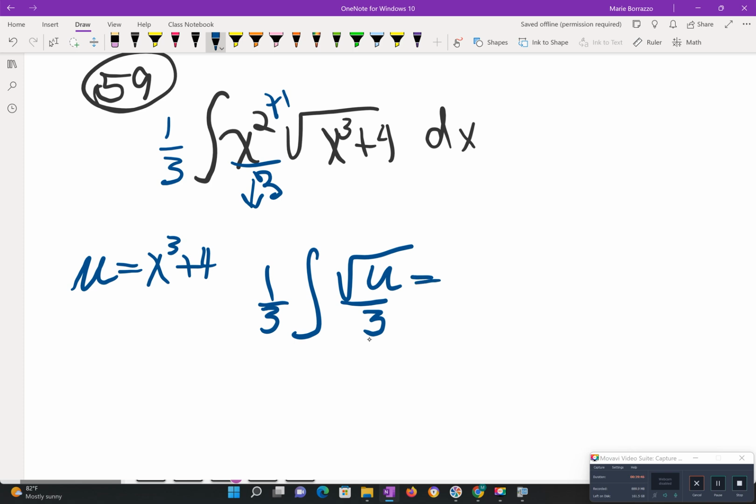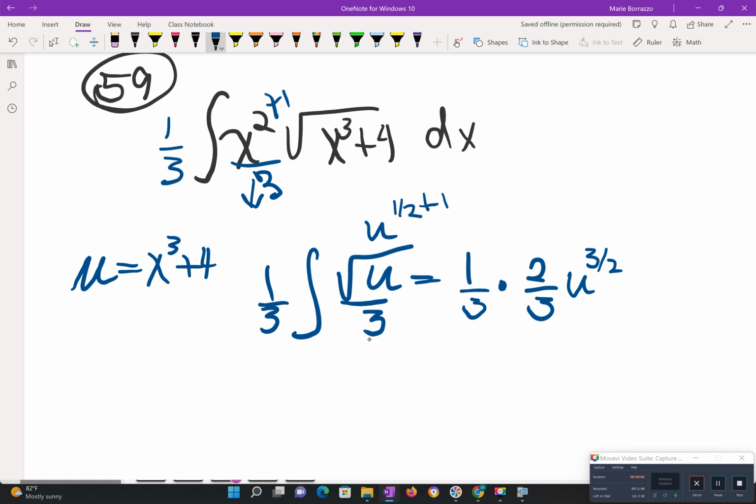This further is now, if I take the constant, I'll have 1/3 times 2 over 3 u to 3 over 2. Because remember, this is u to the 1/2.